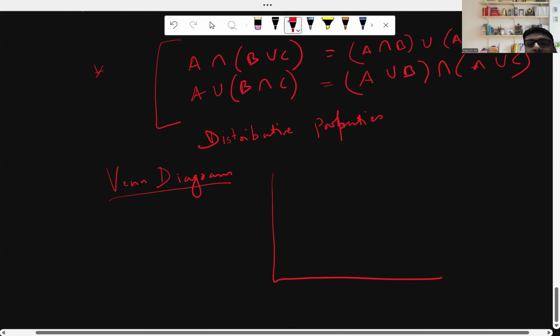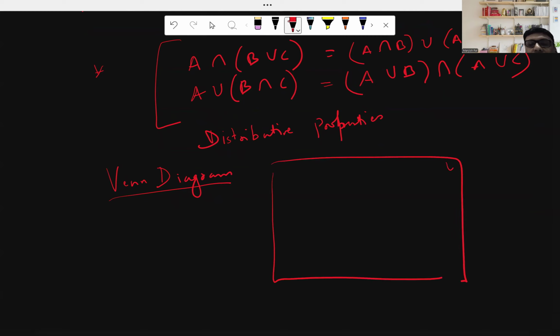So if I have a universal set like this, and I depict sets like this, then we can shade the regions which we are trying to prove to be equal.